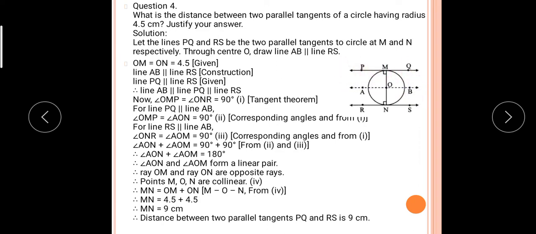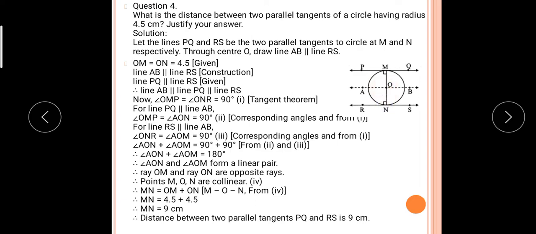So angle MOA or angle MPO, these are 90 degrees. By the interior angles also you can say angle PMO is equal to angle AON, that is 90 degrees.